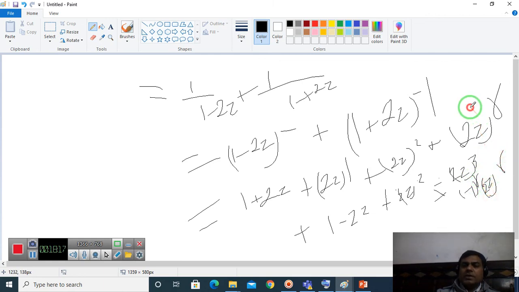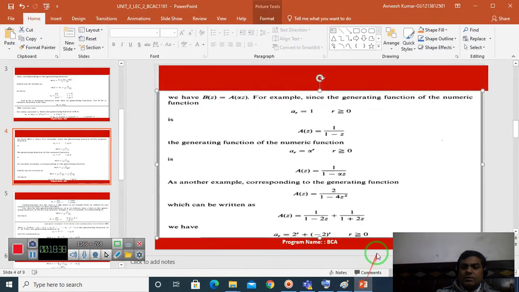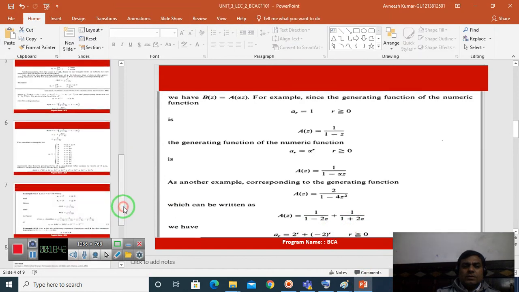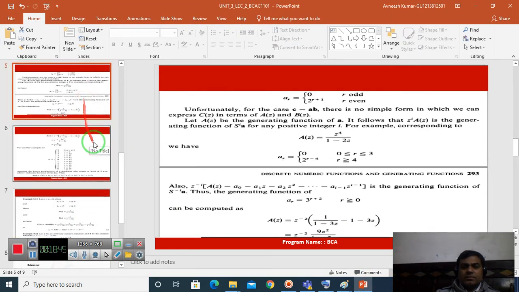So the coefficient of z to the power r is known as the numeric function. The coefficient of z to the power r is 2 to the power r here, and minus 2 to the power r there. So we can say 2 to the power r plus minus 2 to the power r is the answer.